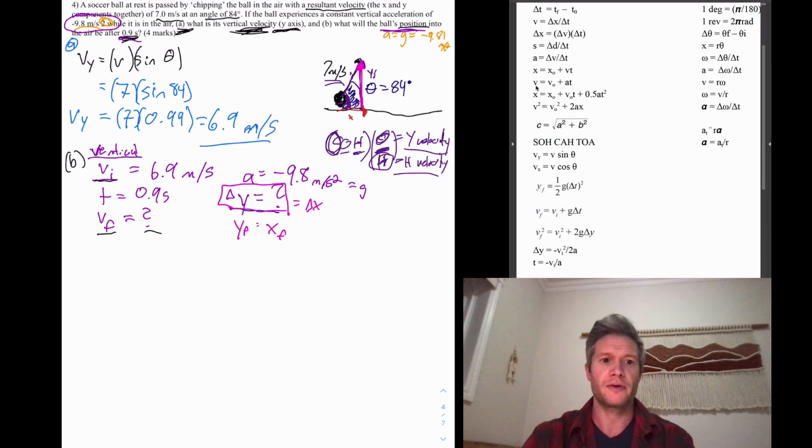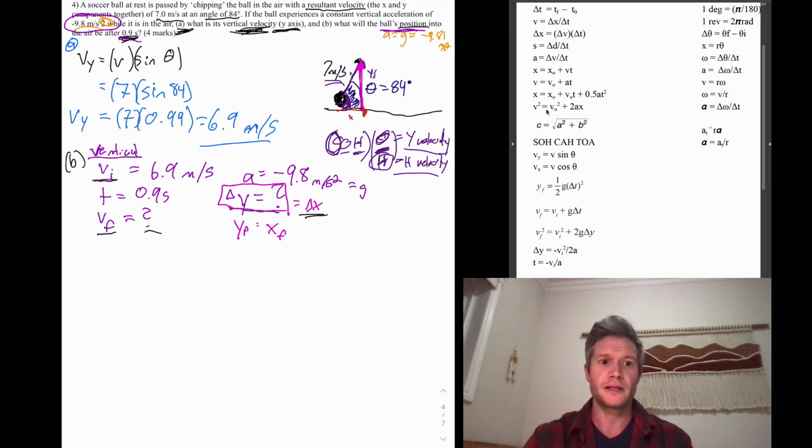So we have velocity equals an initial velocity plus acceleration times time. Looks like we're missing a really important part, which is what we're looking for, our change in position. So we're not going to use that one. Let's look at the last one here.